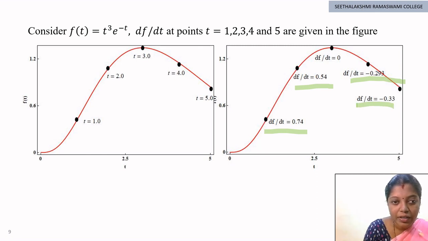So at this point the system has a maxima. At the maxima there is no variation in f for an instant of time. So at the maxima point df by dt is 0. So moving from positive to negative, the system will take zero velocity.